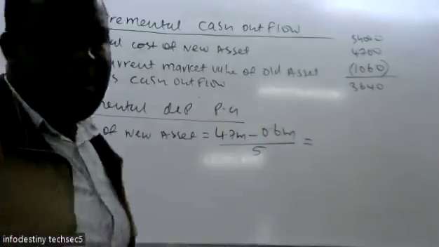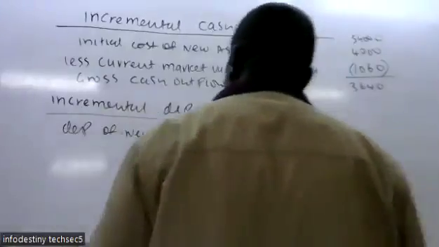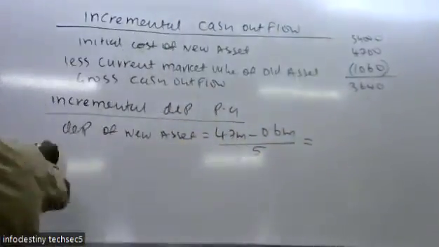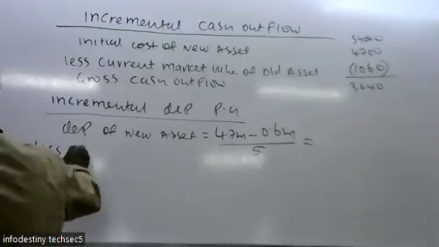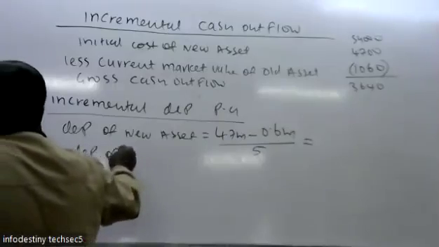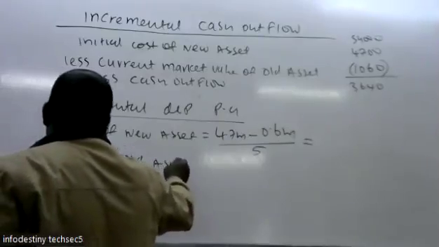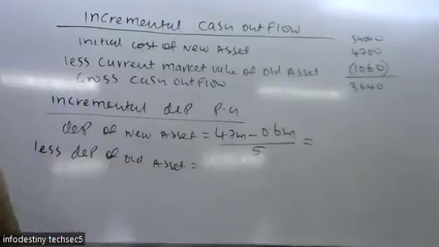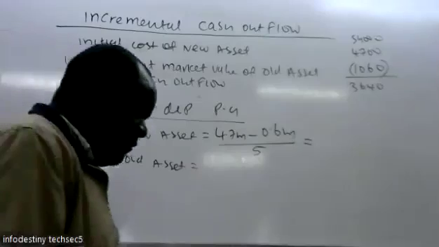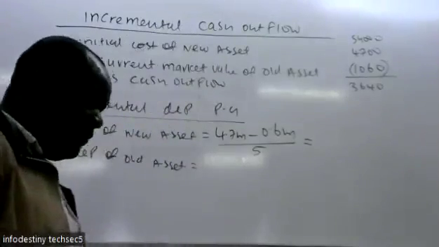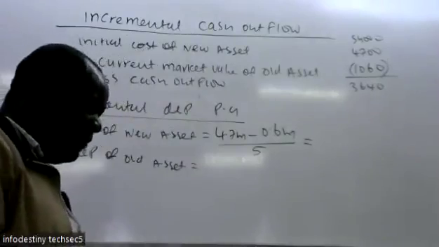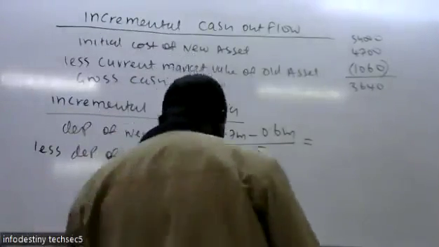Then we less the depreciation of the old asset. For the old asset, they had given you the net book value of 2.4 million.